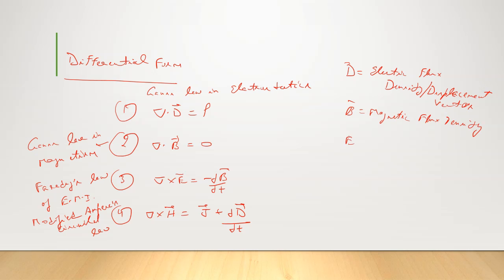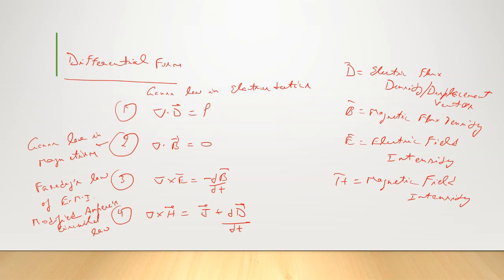E is electric field intensity, and H is magnetic field intensity.